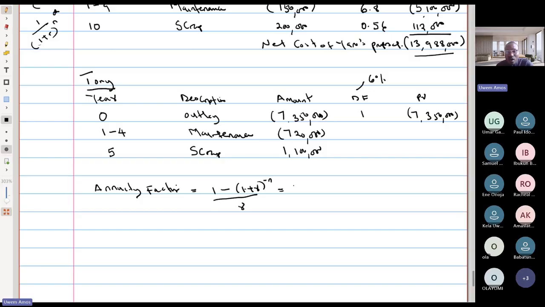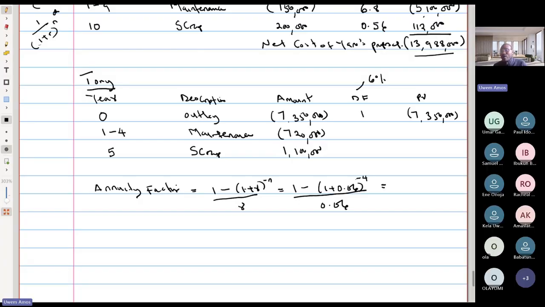So that is 1 minus 1 plus the rate of return or cost of capital, which is 0.06, raised to the power of minus 4, divided by 0.06.